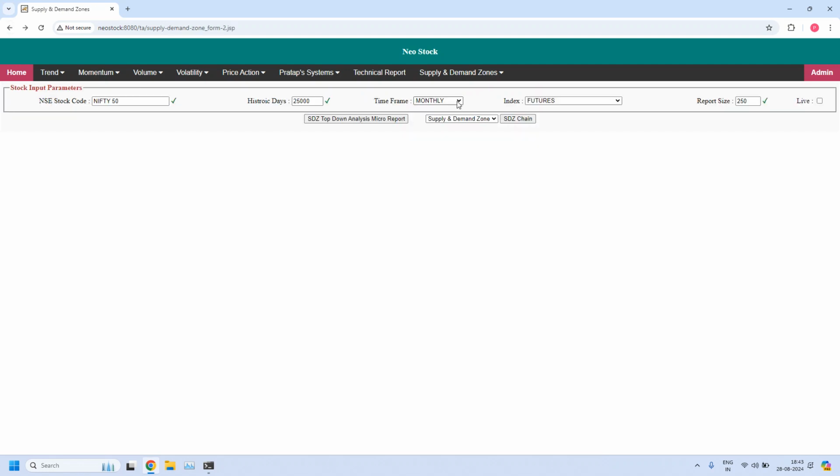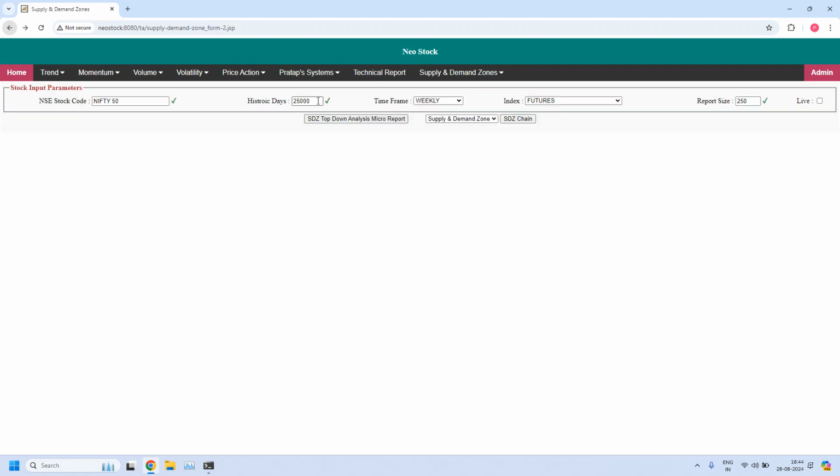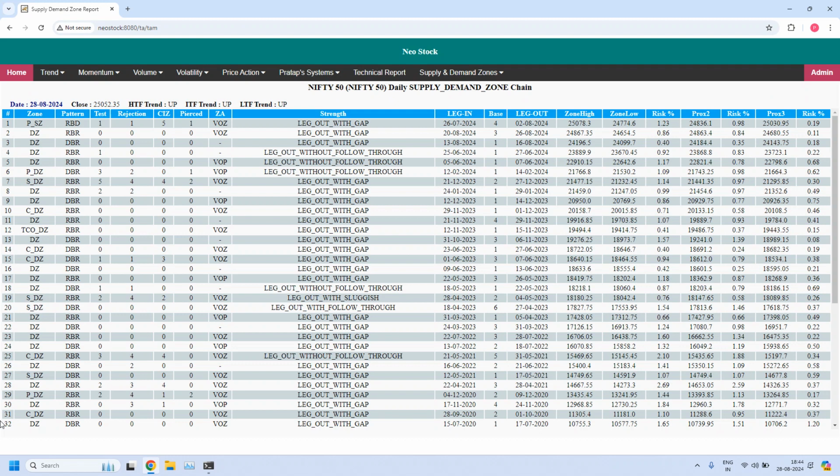Okay, the next time frame is weekly. Now I am generating weekly supply demand zone chain for NIFTY. The next time frame is daily, and I am generating daily supply demand zone chain for NIFTY.